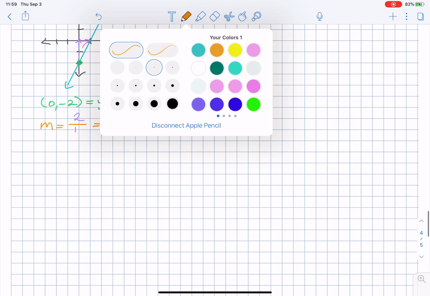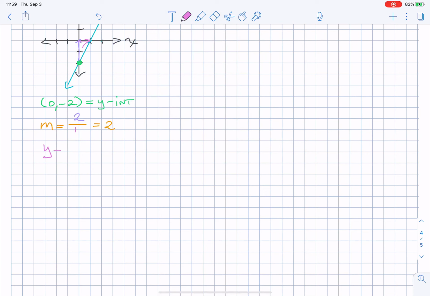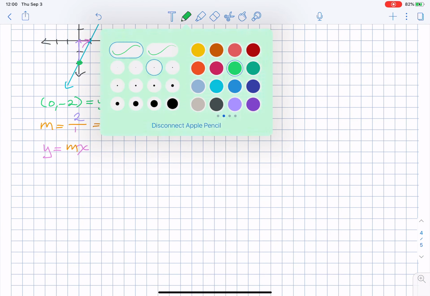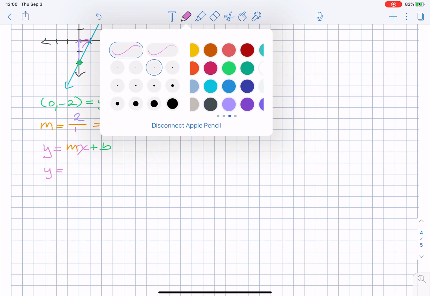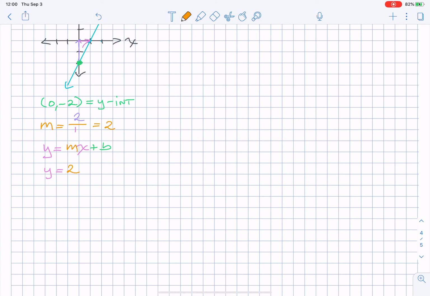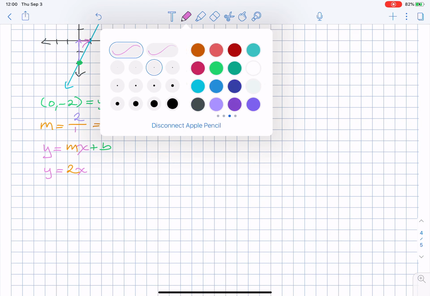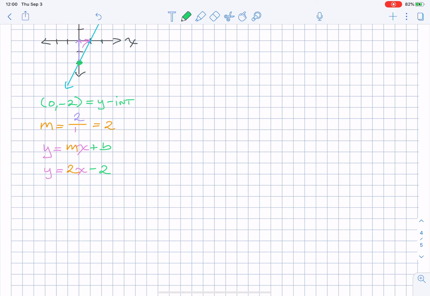So now using slope-intercept form, y is equal to mx plus b, we get that y is equal to 2x plus, well, b is negative 2, so this will be 2x minus 2. There we are. That is the slope-intercept form.